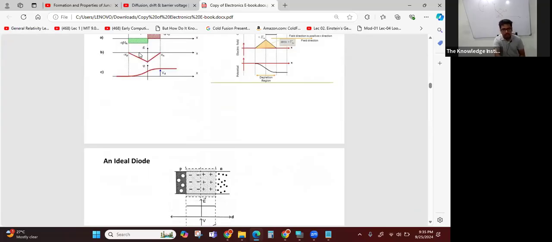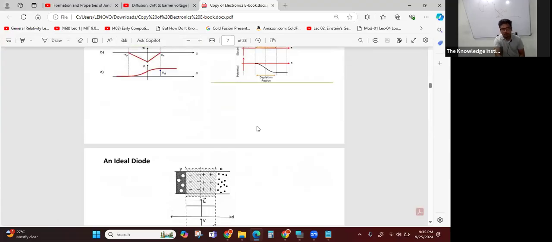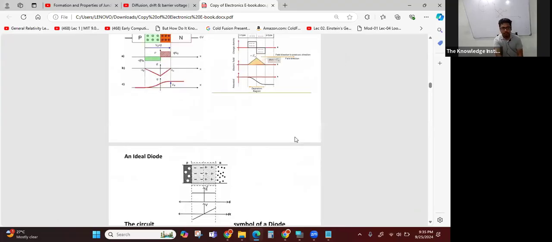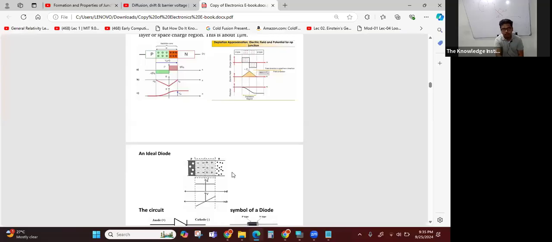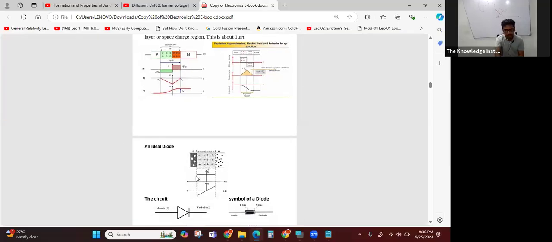Okay, so for the ideal diode, it will be like this. So here, this is the variation of electric field, and this is the variation of potential.